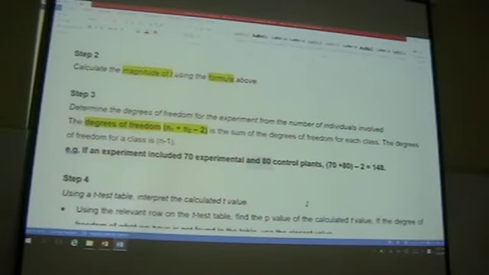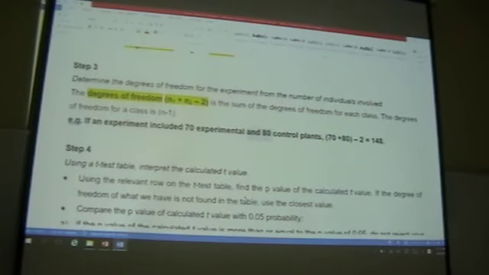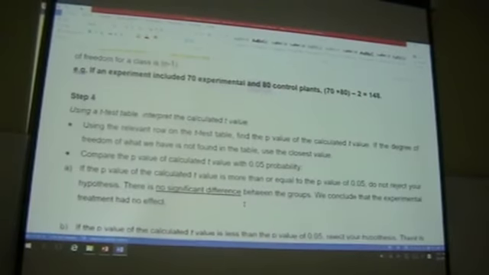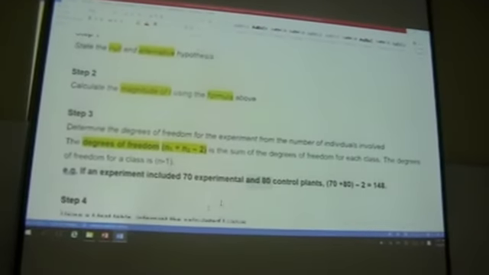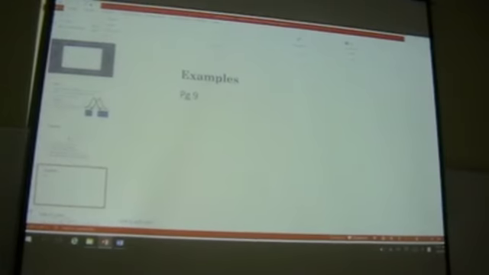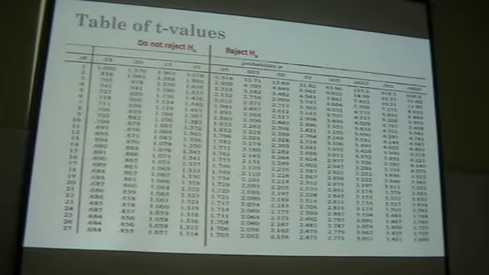And obviously, when you do your t-test, please don't go and use the chi-square table. That will be horrifying. T-test, use the t-test table. Then I show you the table. It's the same principle. Cut-off value is probability equals to 0.05.